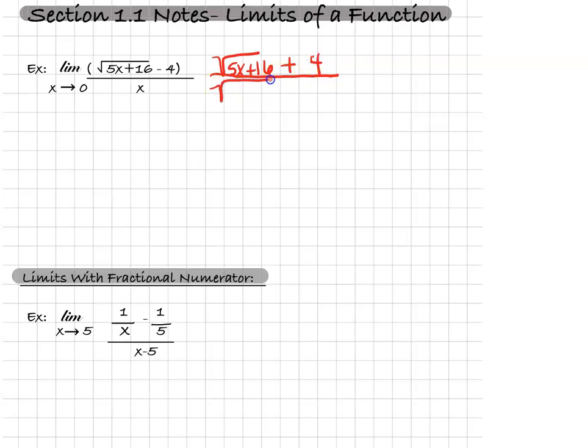Now, if I do that on top, we know some magic's going to work out like we saw in that last one. But we also have to do it on bottom, because multiplying this function by 1 is what's going to give me a new function that we can evaluate the limit of, but it doesn't change the value of what we were given. Now, I'm going to go a little bit slower as we do it, but I'm not going to write some things, if that makes any sense.